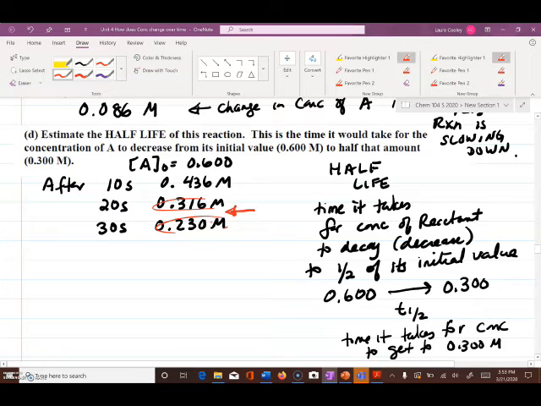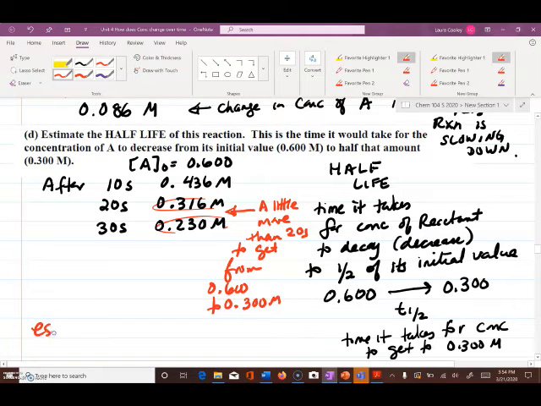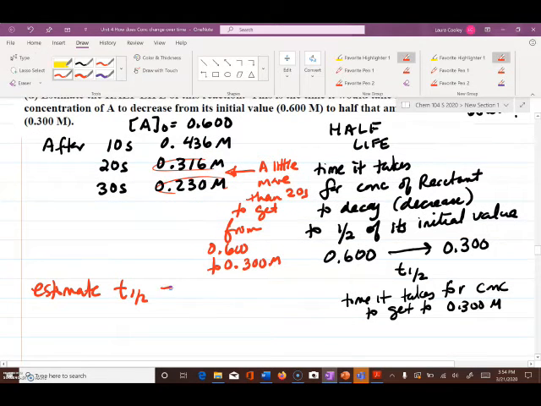So I would say that it takes a little more than 20 seconds to get from 0.6 to 0.3. Okay, so I would estimate that the half-life is a little greater, a bit larger than 20 seconds.